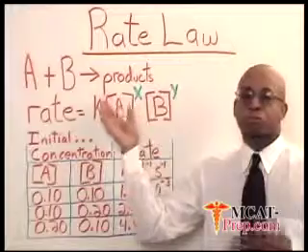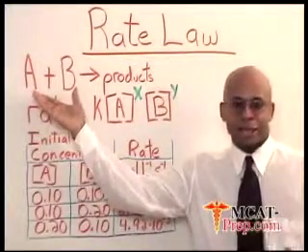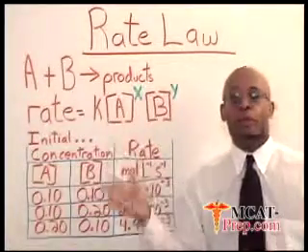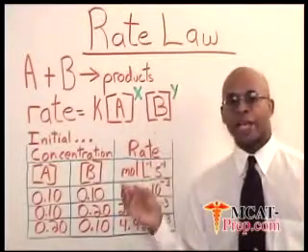That represents the rate of the reaction. Now here is a typical reaction. So we have reactants, say A and B, whatever they may be, and then producing certain products. Now we can write the rate law for the reaction.